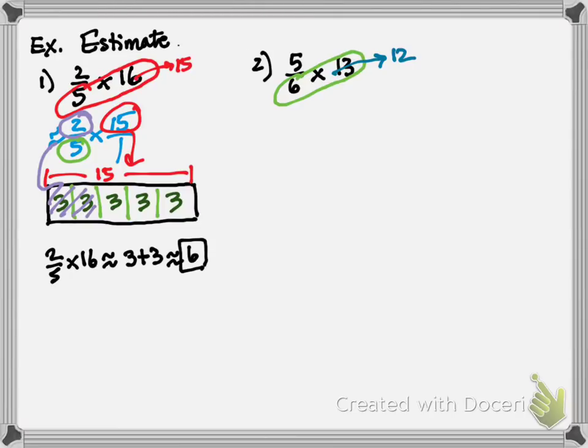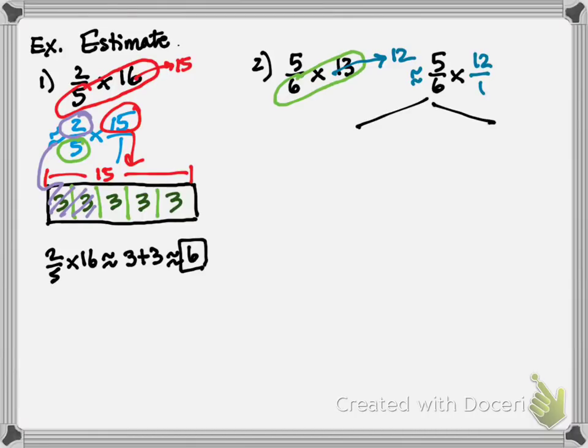So what we're going to end up with is the problem 5/6 times 12. So this is my approximate answer. I'm going to give it a denominator of 1 to make it a whole number. And I'm going to show you the 2 ways to solve this problem. So I'll break it up with some arrows here, this way and this way.